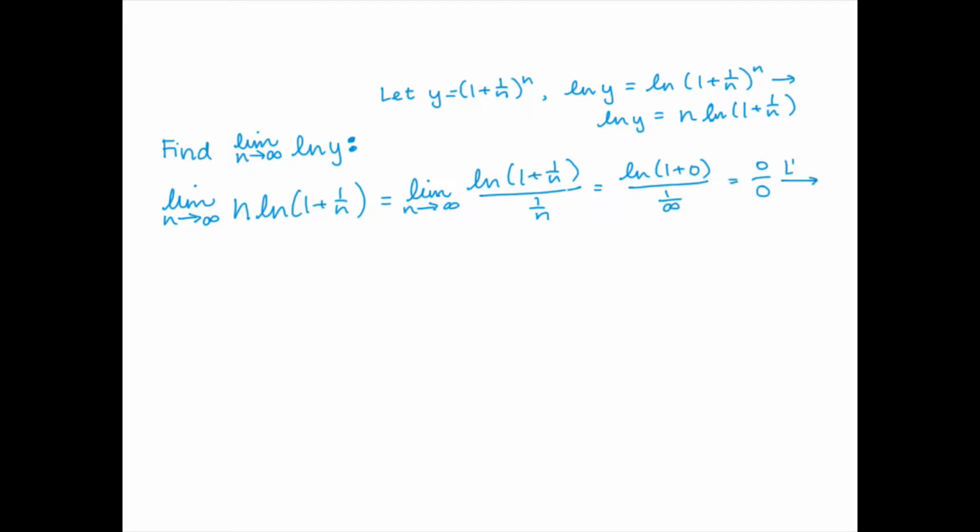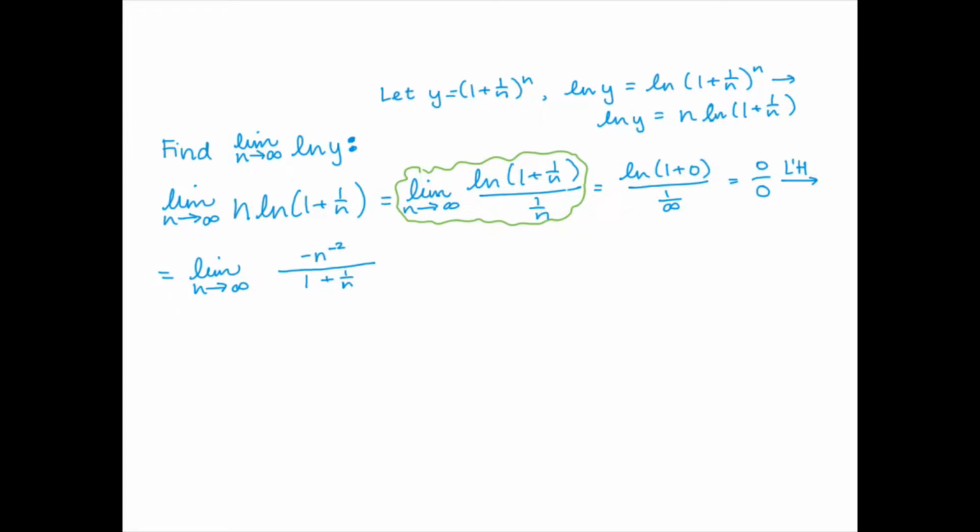So now I'm going to apply L'Hopital's rule to this limit, and I'm going to get the limit as n approaches infinity. In the numerator, I'm going to get 1 over (1 plus 1 over n) times the derivative of 1 plus 1 over n, which is 0 times negative n to the negative 2.